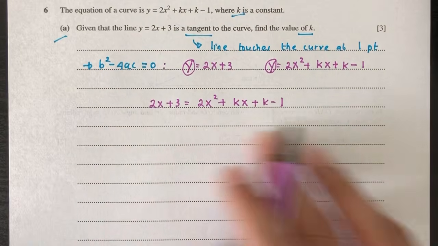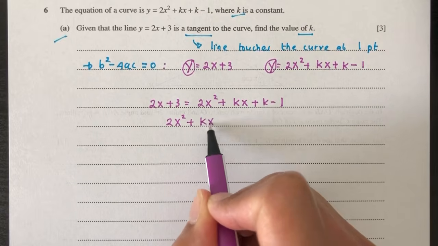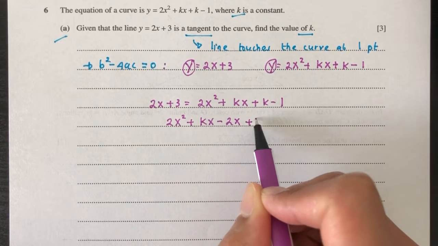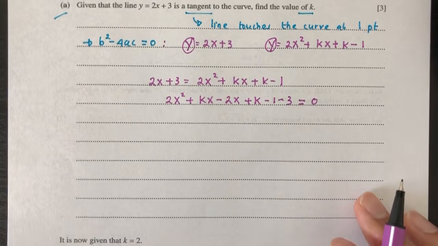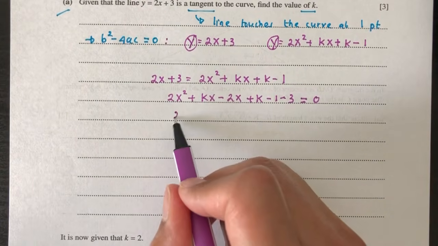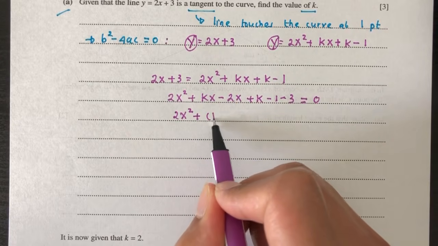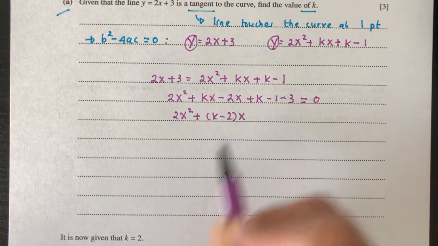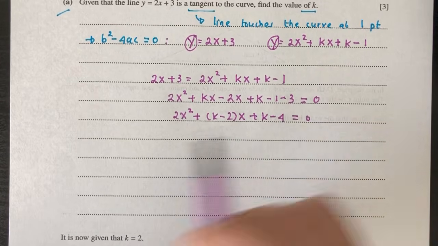Now we send everything to one side, you will have 2x squared plus kx minus 2x plus k minus 1 minus 3 equal to 0. Now let's simplify this. It becomes 2x squared, you factorize x outside, you will get k minus 2, x outside, then plus k minus 4 equal to 0.